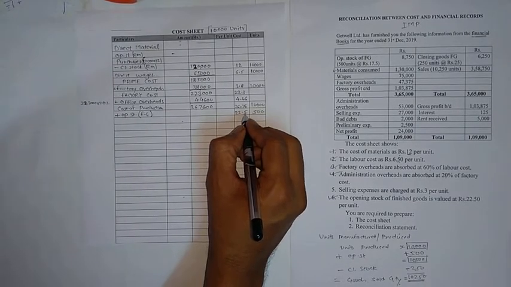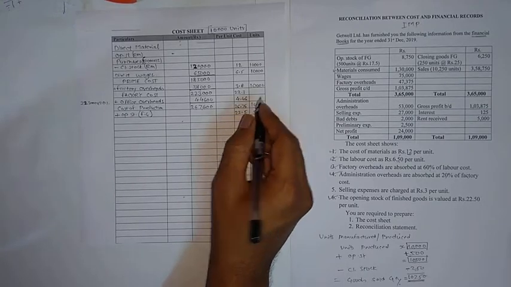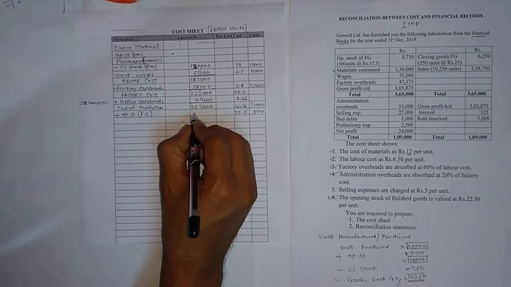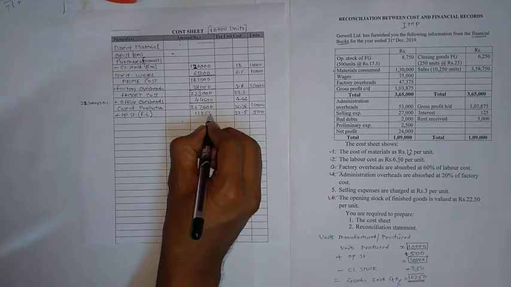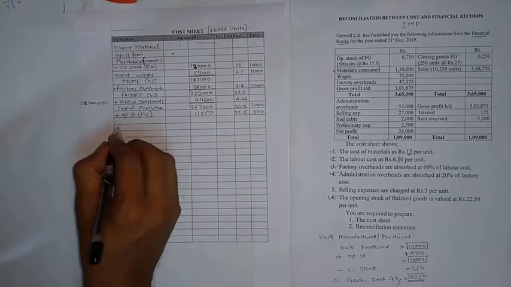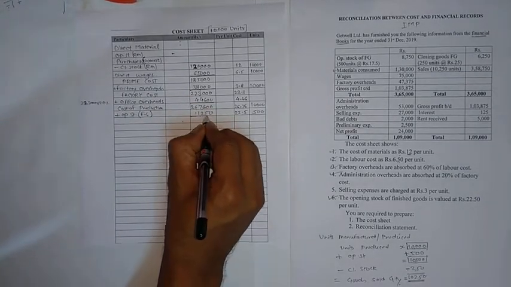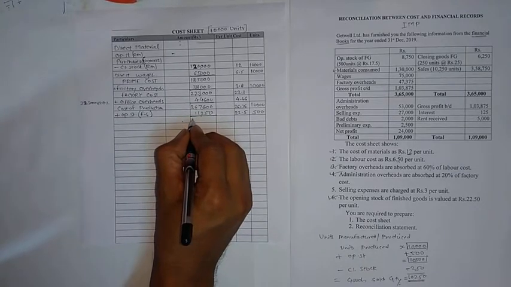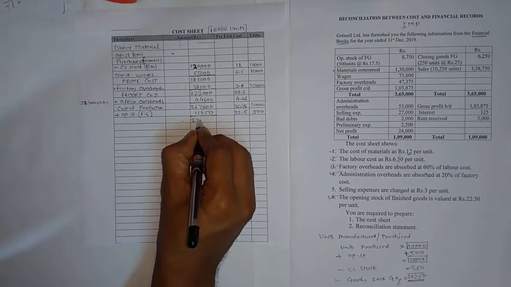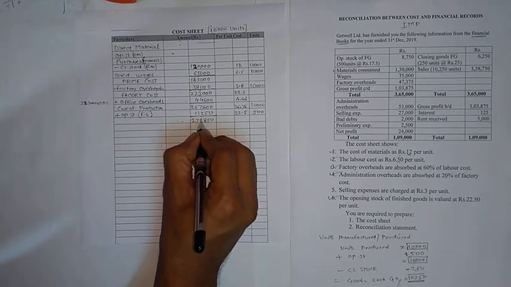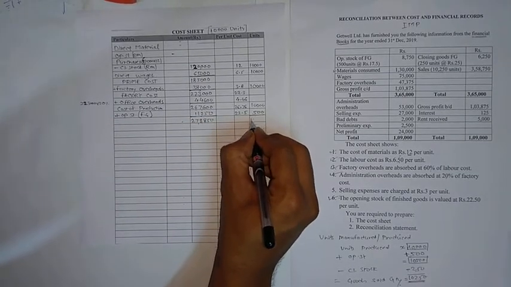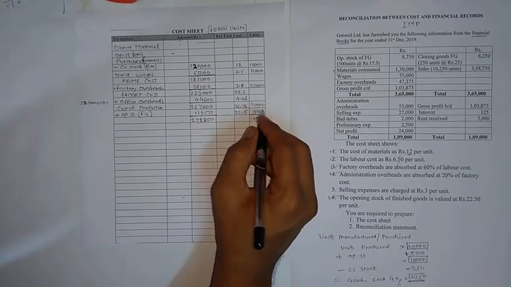So automatically 500 units will be valued at 22.5. So it will be 11,250 opening stock of finished goods. After adding this we will get 2,78,850 and quantity will be 10,500.